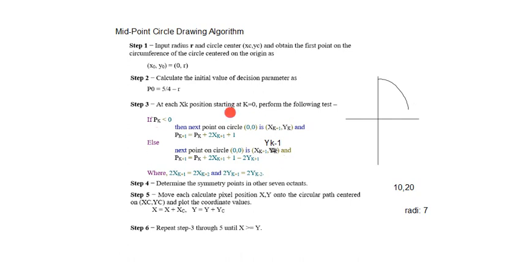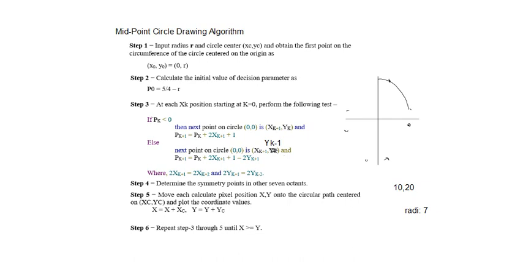After calculating and drawing this point, step number 4 says determine the symmetry points in other 7 octants. So if I have found some point here, I will have to find out the symmetry points like here, here, here, here.